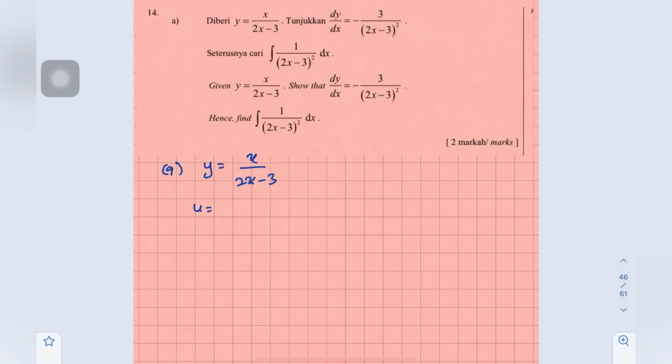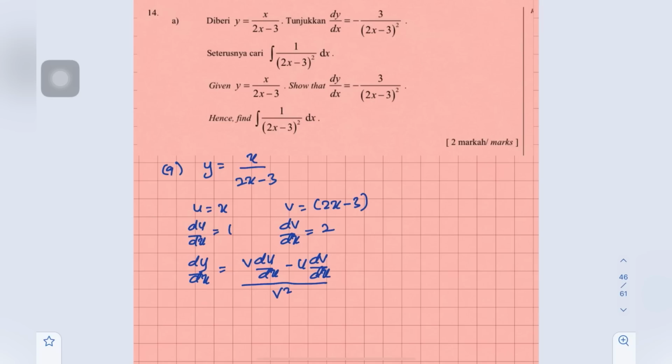So u is x, du/dx is 1. v is 2x minus 3, dv/dx is 2. So for dy/dx, we have the formula (v du/dx minus u dv/dx) over v squared.